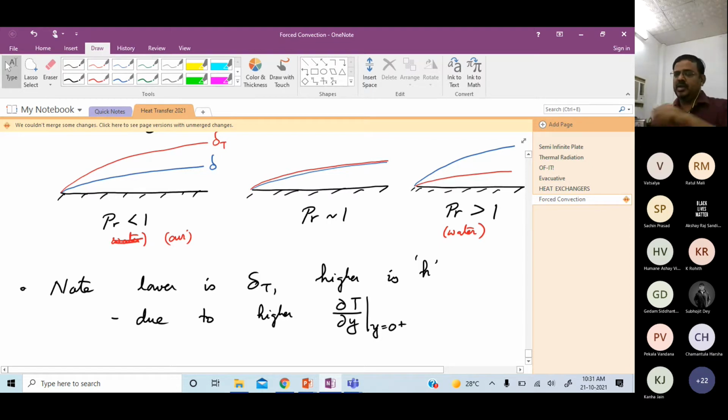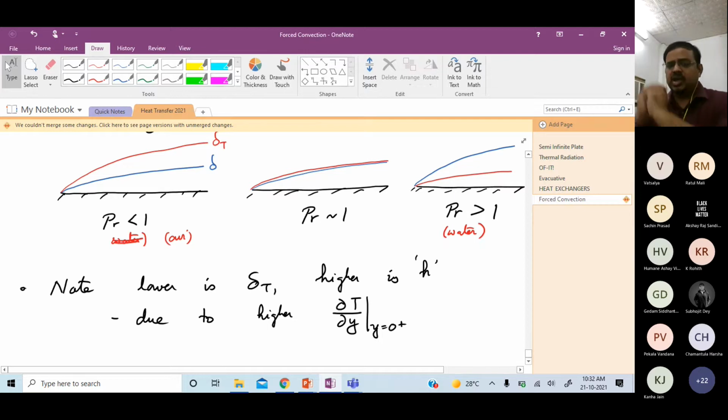And the dependence of the relative thicknesses of momentum and thermal boundary layers on the Prandtl number of the fluid.